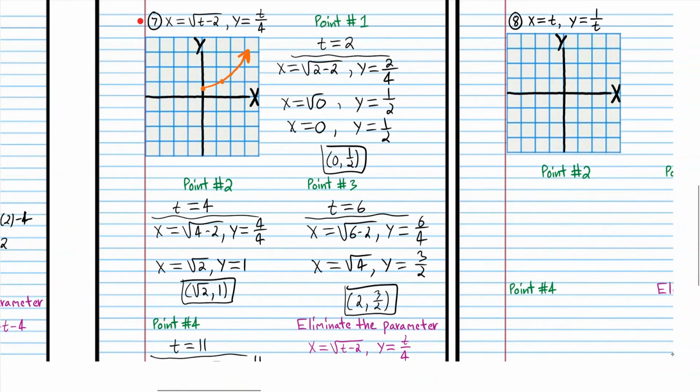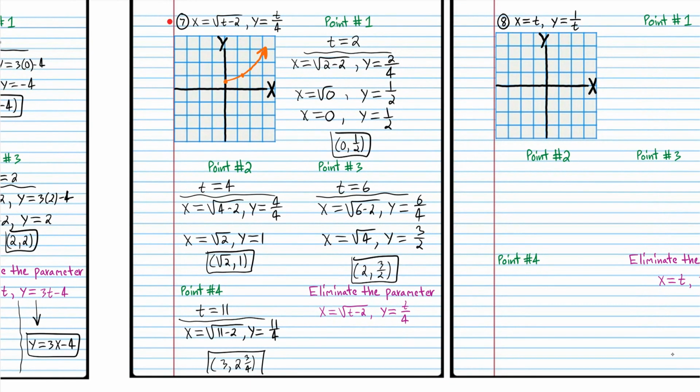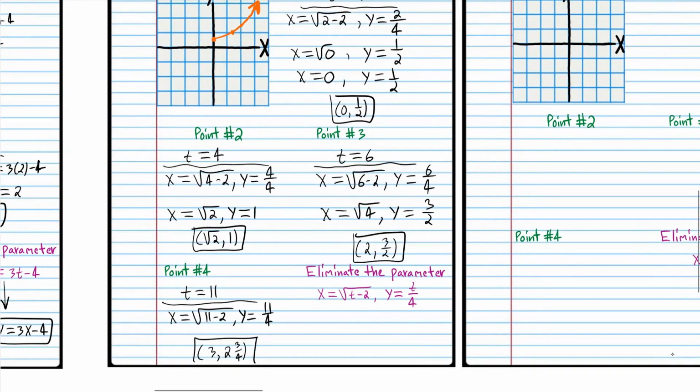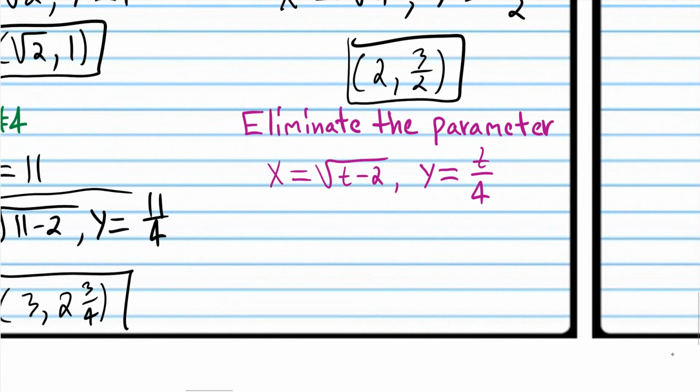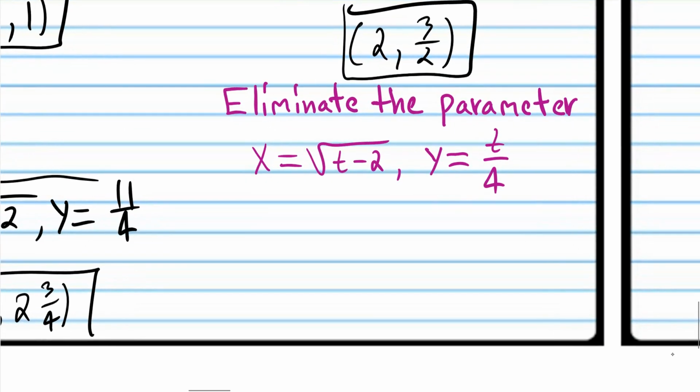But what graph exactly is this supposed to be? Well, we can figure that out by eliminating the parameter. So what we're going to do, again, is take the equation which makes it easier to solve for t. Obviously, we can do that in this equation over here. t is equal to 4y.